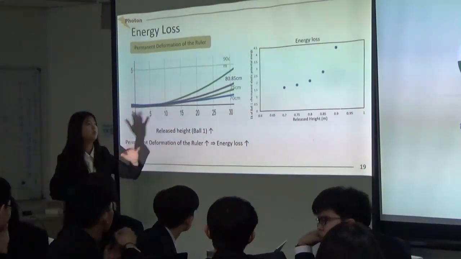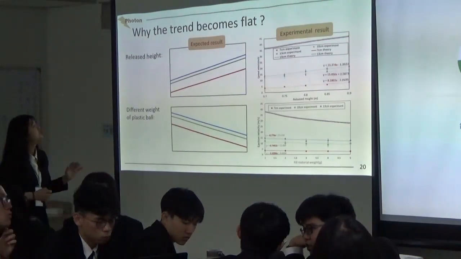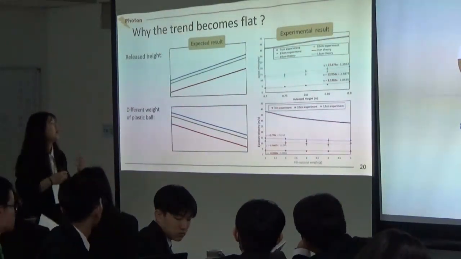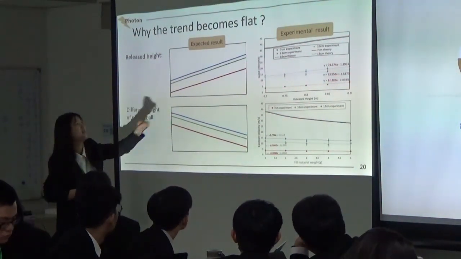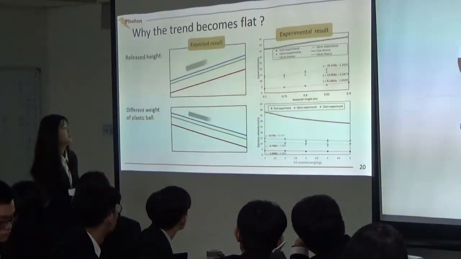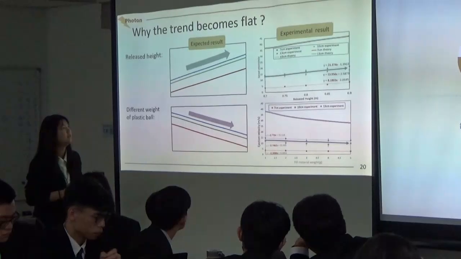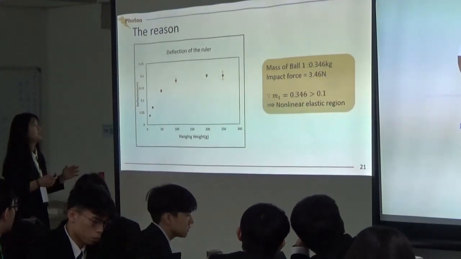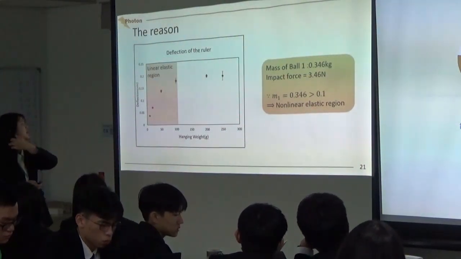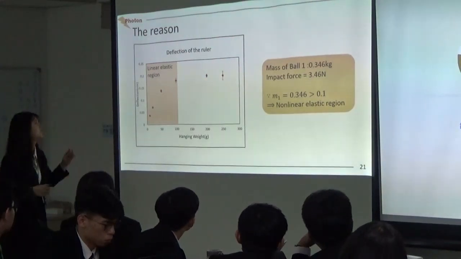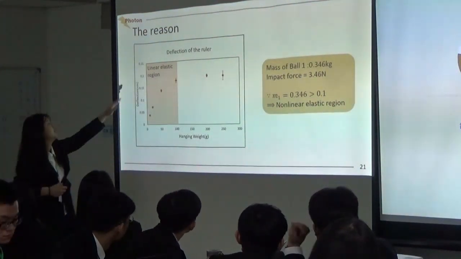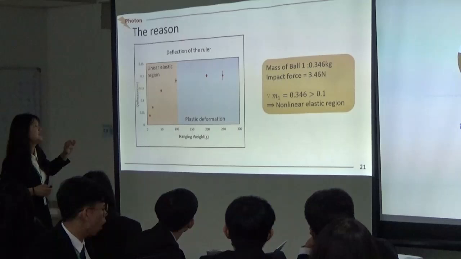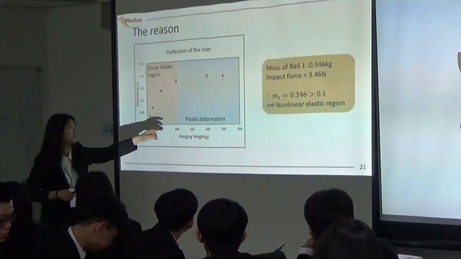And in our experiment, we make sure of the energy loss. And why does the trend become flat? Because we use the theoretical curve, and our expected result is just like this. But in our real result, the trend is relatively flat, and we want to talk about the reason. We find the reason by considering the deflection of the ruler, which we can divide into two parts. In the first part, the deflection of the ruler is in the linear elastic region, and next it will enter a different situation because of plastic deformation.